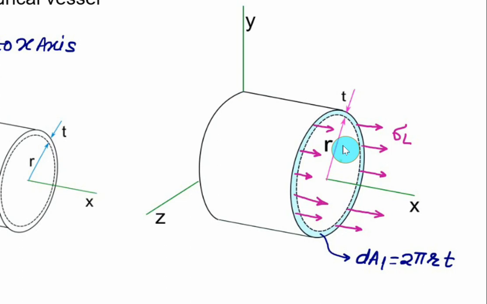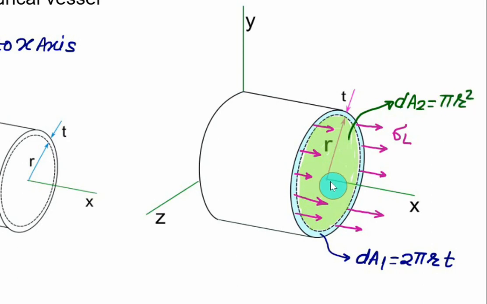And this portion here will be exerting the pressure. We assume the pressure intensity is constant over this area. This green area is basically a circular area, and therefore the elemental area dA2 will be equal to pi into r square.